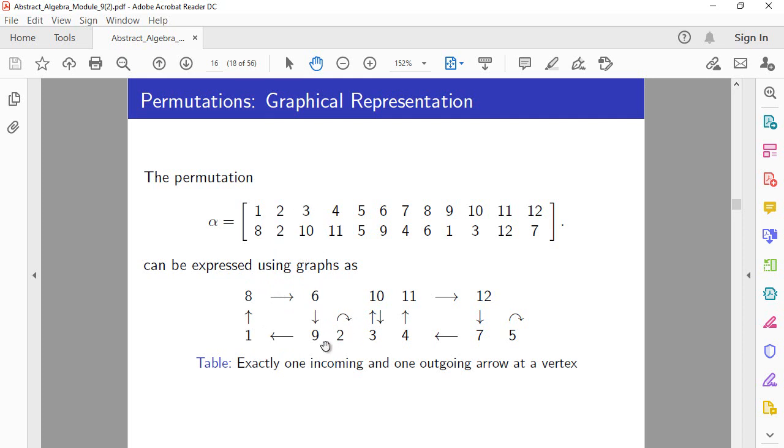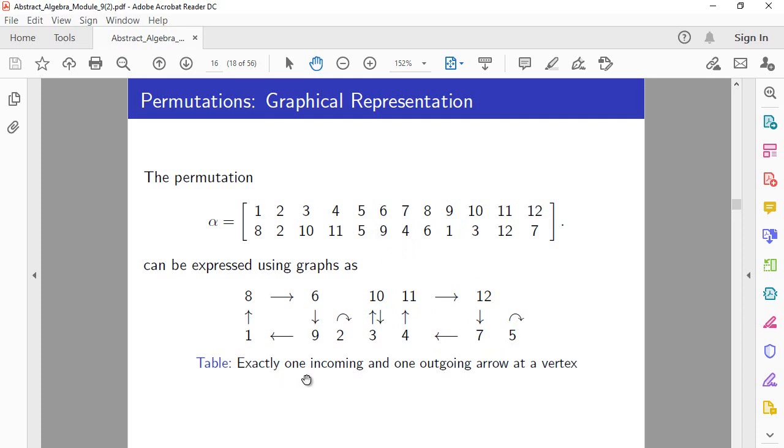Next number that we haven't used yet is 3, so 3 goes to 10, and 10 goes to 3. Okay, the next number would be 4. 4 goes to 11, 11 goes to 12, 12 goes to 7, 7 goes back to 4. So we get this loop here. And then the last number is 5, and 5 goes to 5. So this is what's happening.